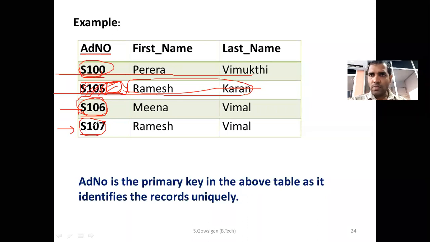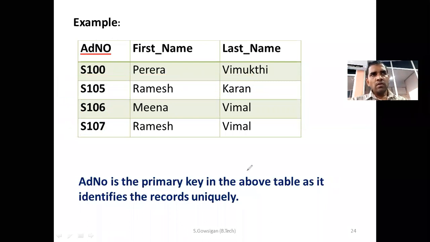That is also admission number. But that admission number cannot be used to identify the second record. So if it is not used for identifying the second record, then how can you say that it is a primary key? It is impossible, right? So that's a problem.